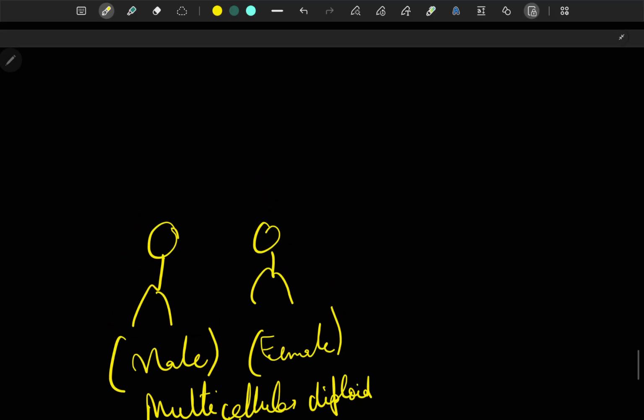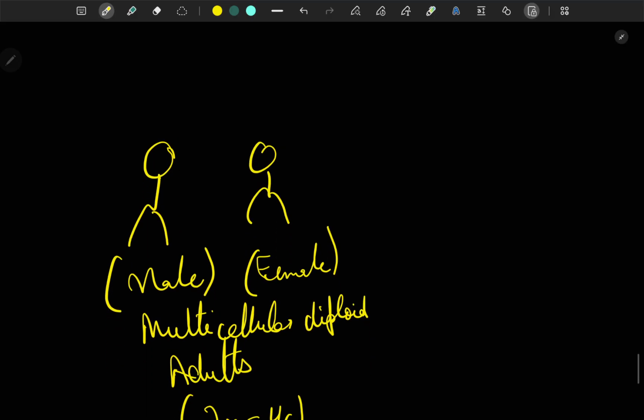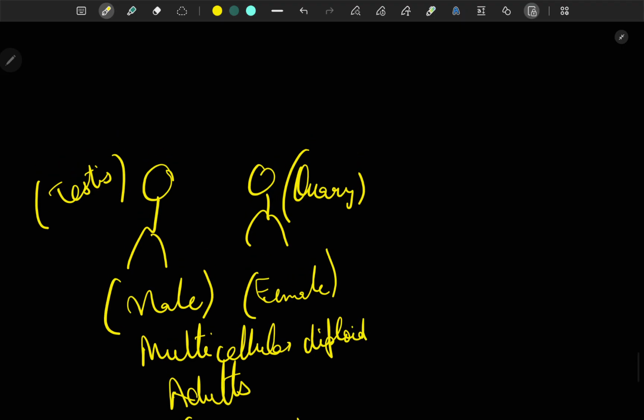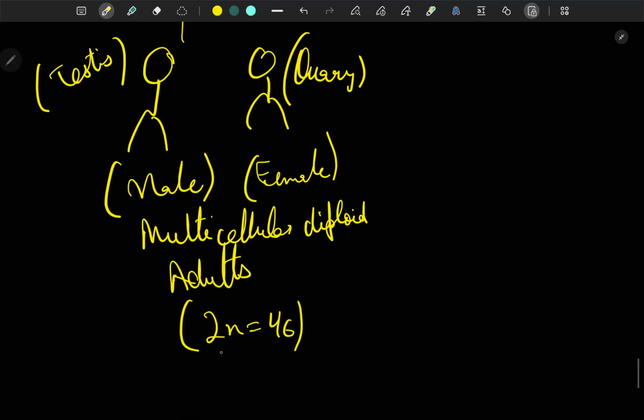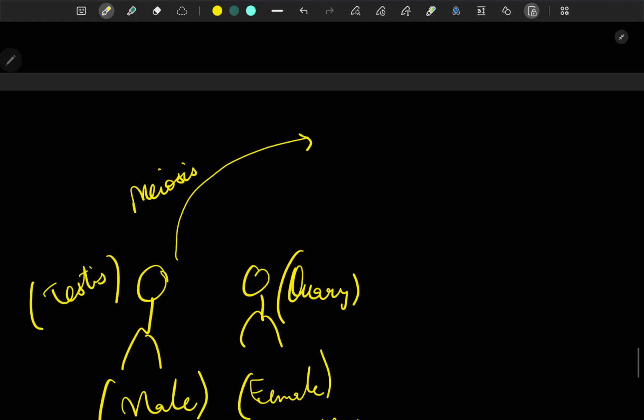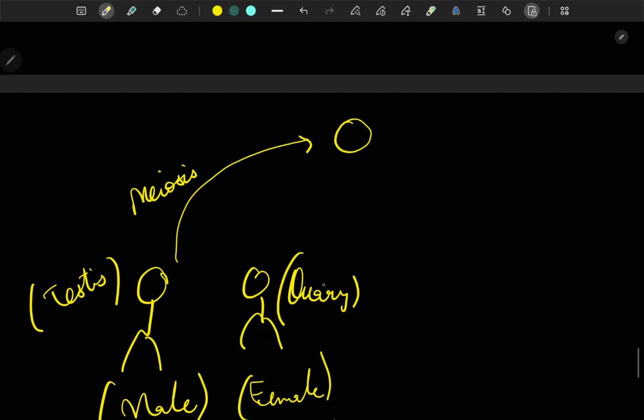From the male testis and the female ovary, they produce gametes through meiosis. By meiosis they produce gametes which are half in number. The male produces a single gamete, the female produces a single gamete also.